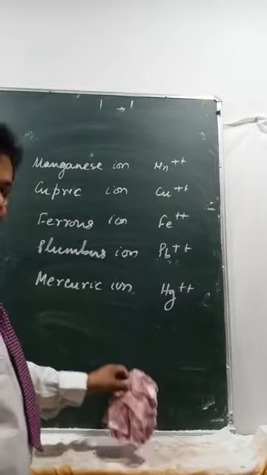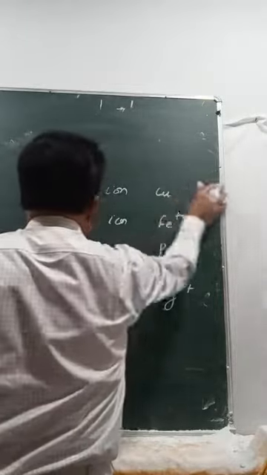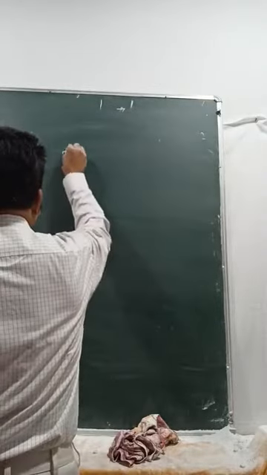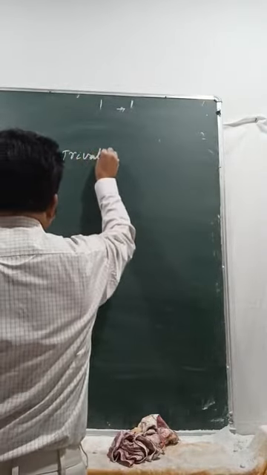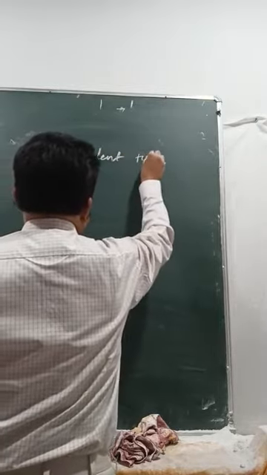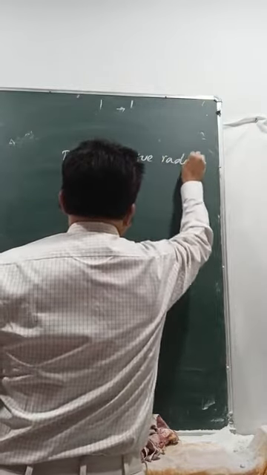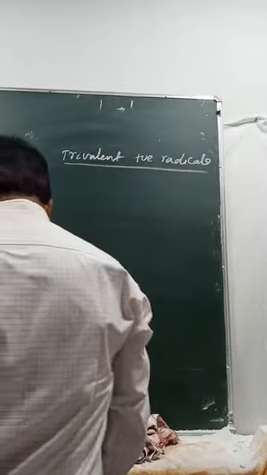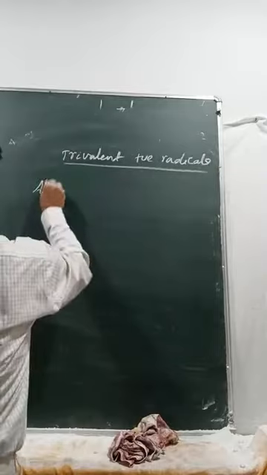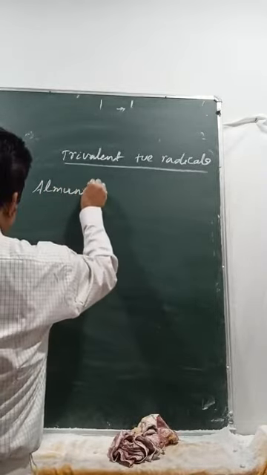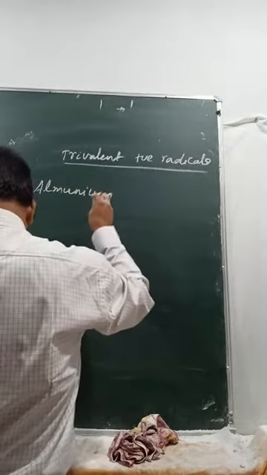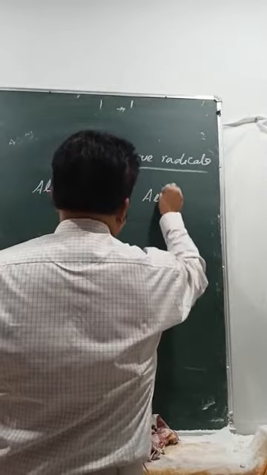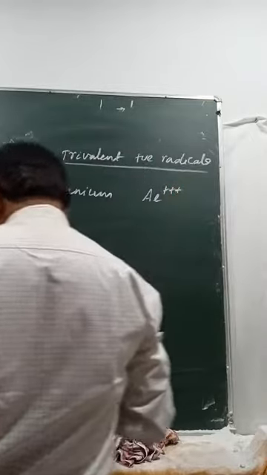Okay, you go to trivalent again. Trivalent positive radicals. So aluminium, Al triple plus.